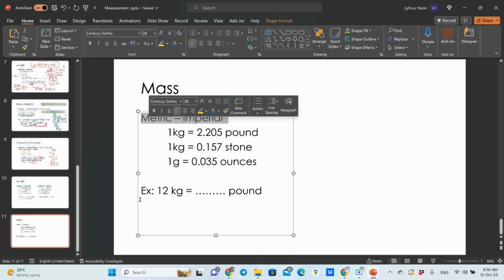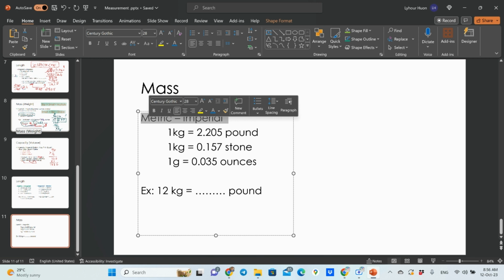So this table will help you to only multiply, right? It's not like the previous time. Previous time, you needed to think what's bigger, what's smaller: big to small is multiply, small to big is divide.